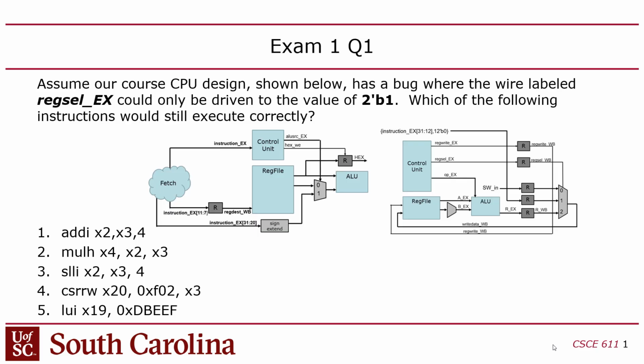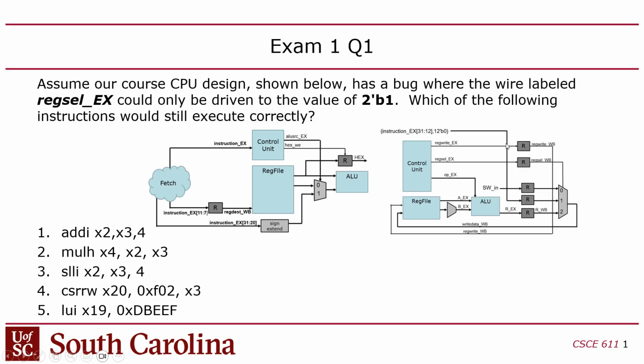So assume our core CPU design shown below has a bug where the wire labeled regselect-EX could only be driven to the value of 1, or 0, 1, because it's 2 bits. Which of the following instructions would still execute correctly despite this broken signal? If regselect is 1, remember regselect is selecting this mux.